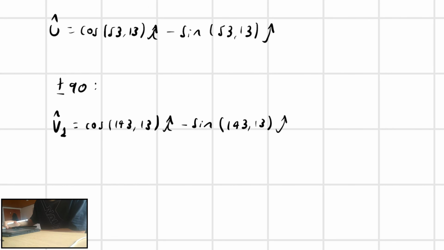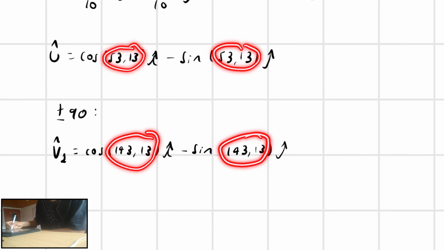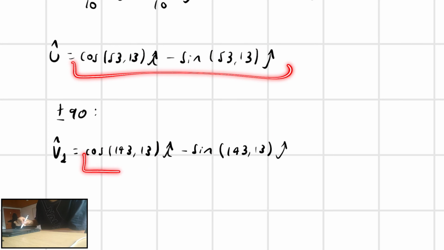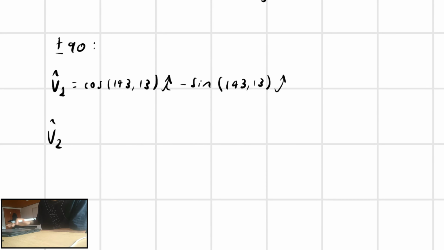Remember, all we have to do is add 90 degrees to this equation, but it's the same equation. Now we're going to subtract 90 degrees for the second solution of the unit vector b.